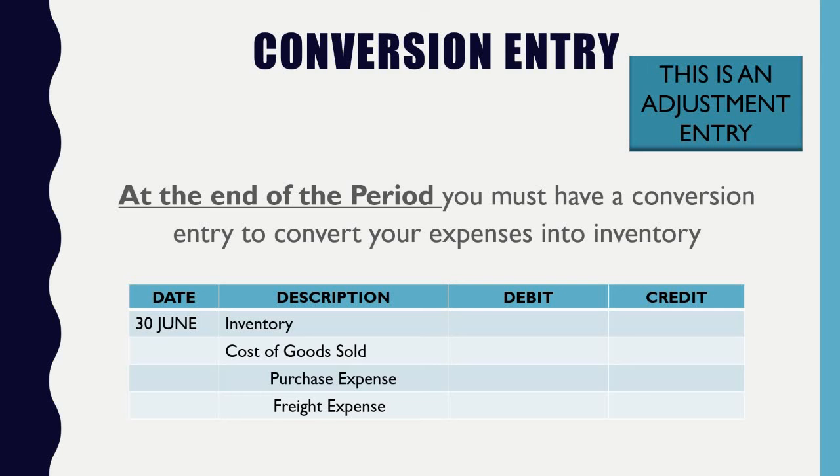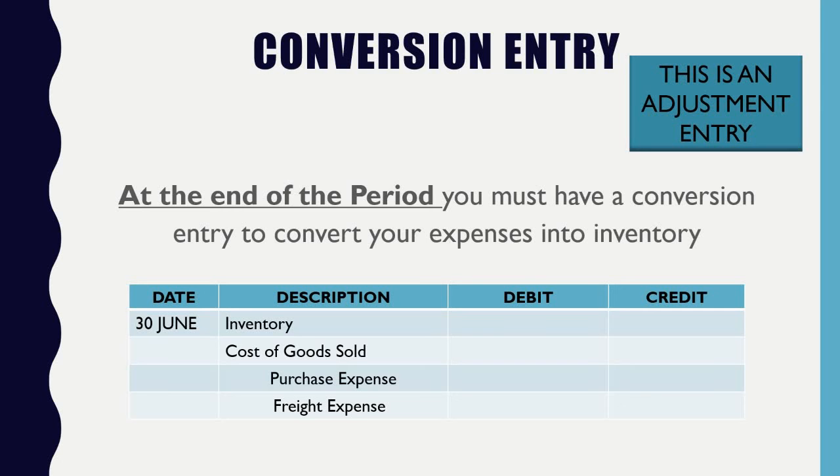However, here is the concept that's behind this journal entry. Our purchases is 200 items, but we don't actually have 200 items in our inventory. We only have 80 remaining. So when we solve our inventory worksheet, this is where you're going to plug in all of your answers directly into the journal.